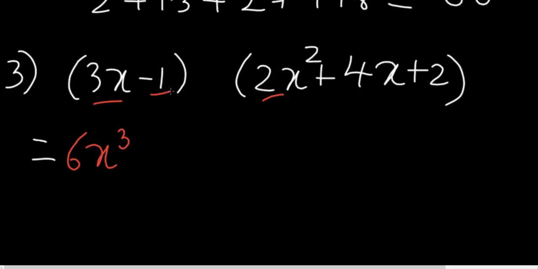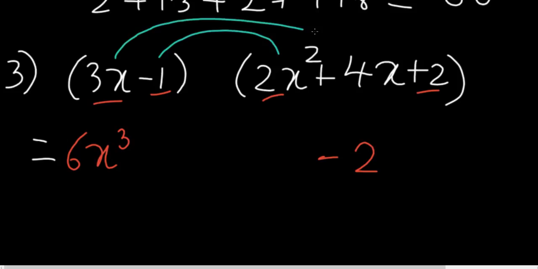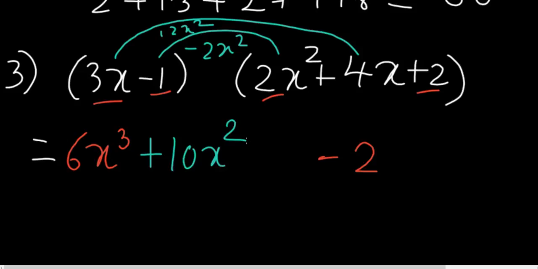And then the last term with the last term, negative 1 times positive 2 will be negative 2. Then we need to find the first middle term. So these two terms with the first two terms. Negative 1 times 2x squared is negative 2x squared, and then 4x times 3x is 12x squared. So 12x squared minus 2x squared will be positive 10x squared.